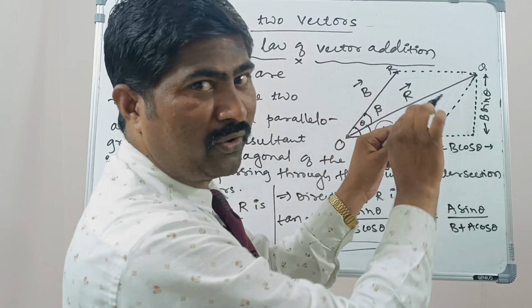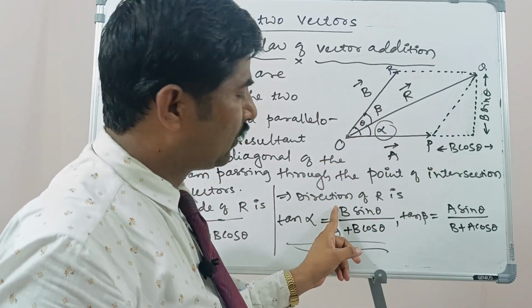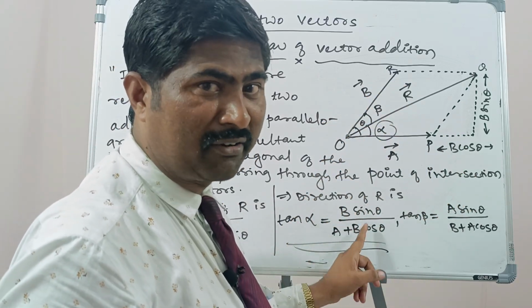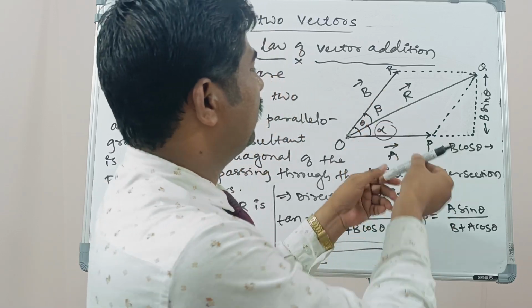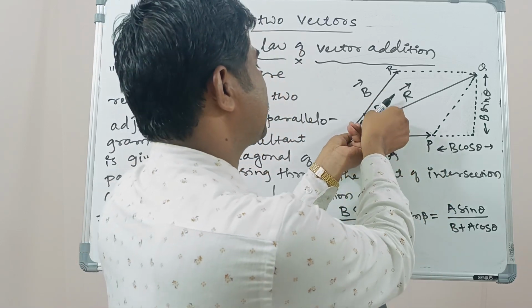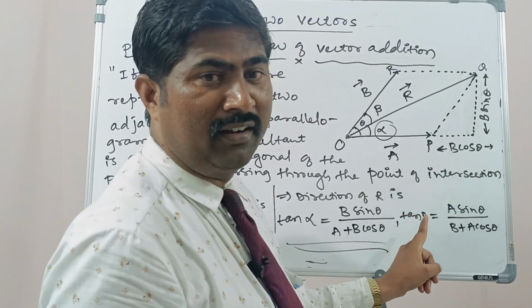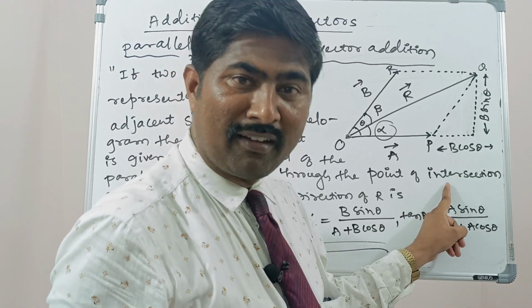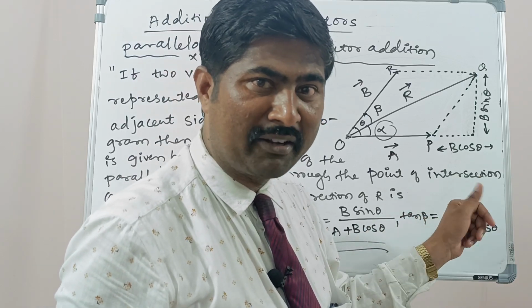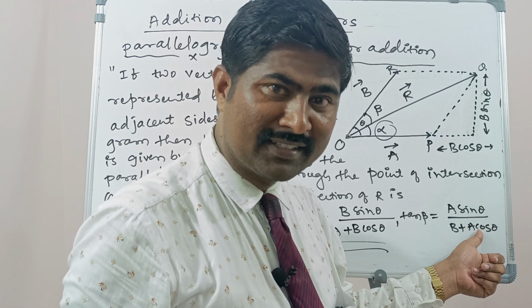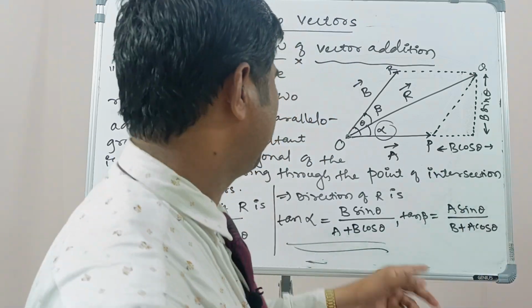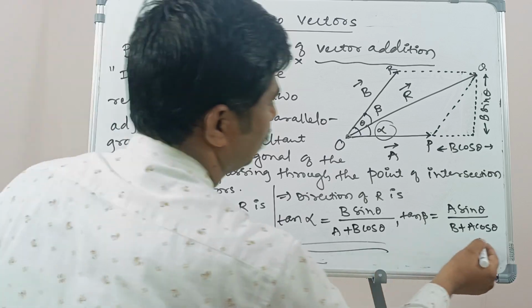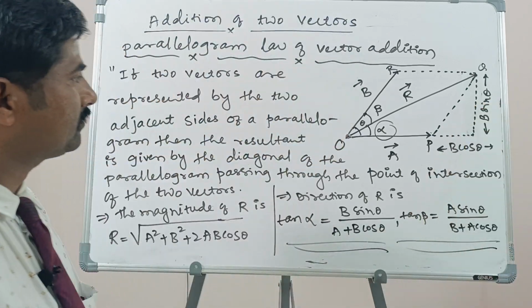So tan alpha is equal to B sin theta divided by B cos theta plus A. Then if you are taking beta, vector A falls on this side. Understand that tan beta is equal to A sin theta divided by A cos theta plus B. Clear? So we should understand this.